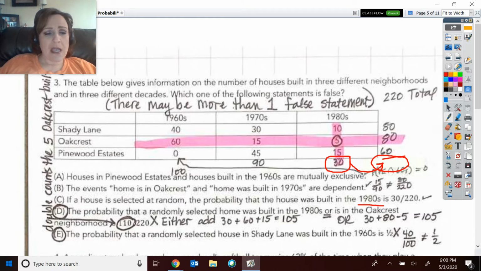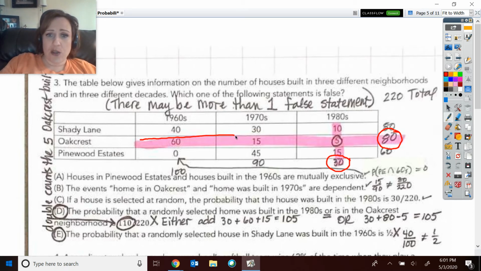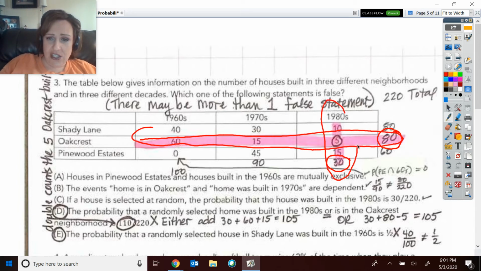D. The probability that a randomly selected home was built in the 1980s, so that's one of these 30, or is one of the 80 in the Oakcrest, is 110 over 220. Let's see that. That is true, that if you added together those 80 plus these 30, you get 110.